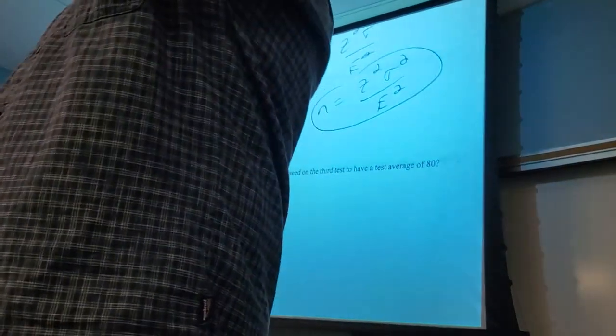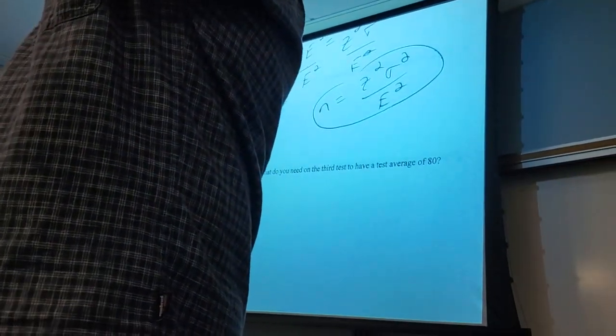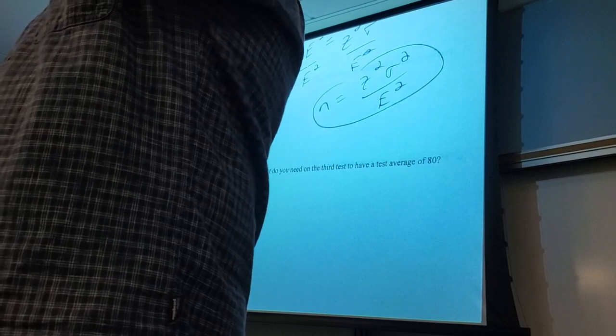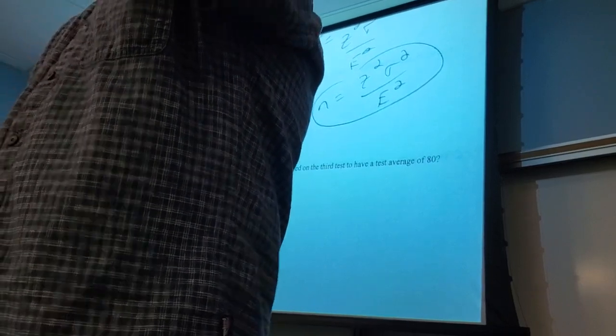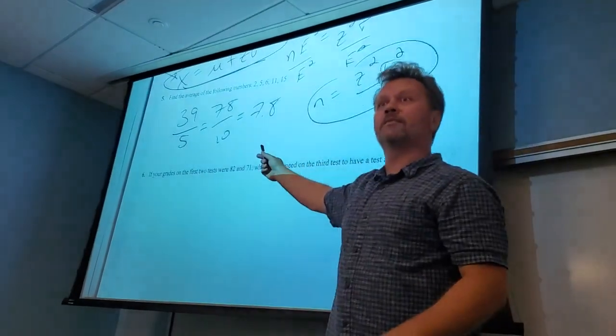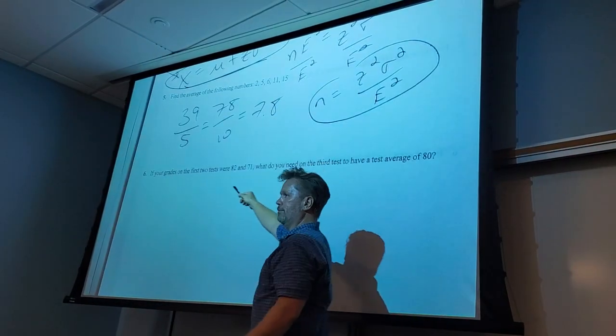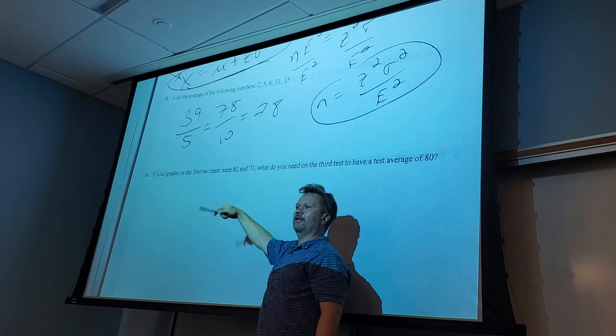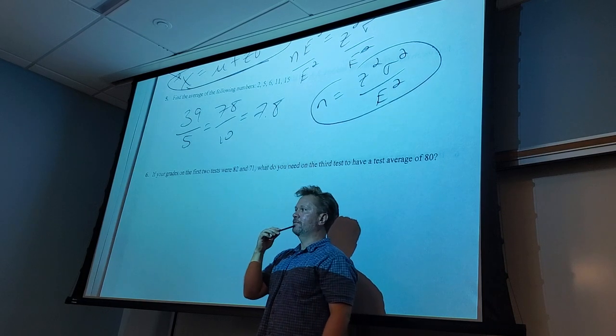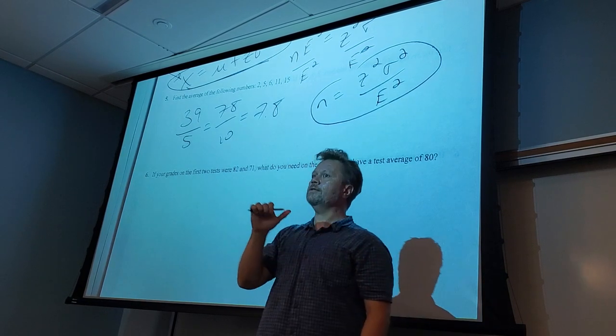Okay, so let's break that down. If you have 3 numbers, how do you find their average? Add them up, divide by 3. Do I have 3 numbers? A math person would say yes. I have 82, I have 71, and I have x. That's the trick of algebra.